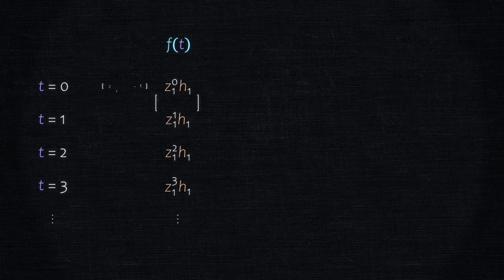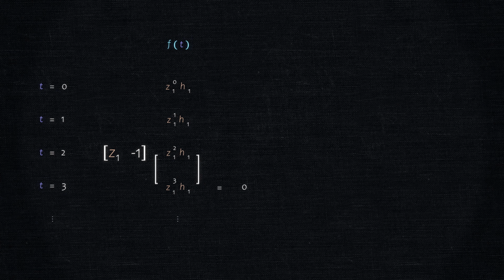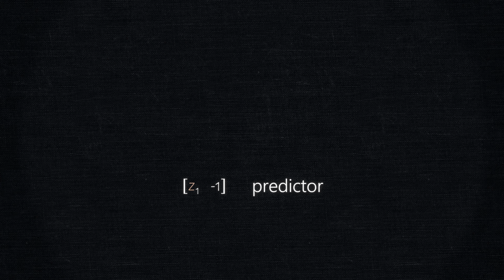We also can put it another way. Subtracting the next point from the previous multiplied by z1 always gives 0. We can write this as vector multiplication using sequence z1, minus 1. Sequences of this kind we will call predictors, meaning they eliminate exponential terms by predicting their values from the previous points.